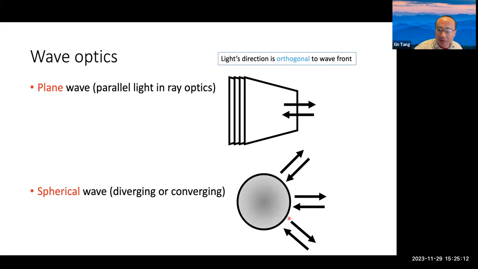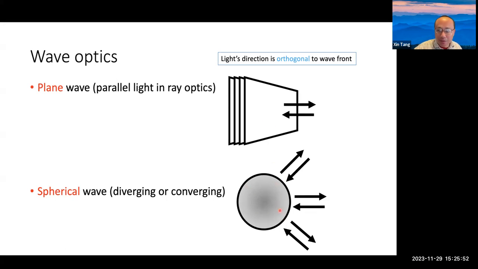But at the same time, if the light is traveling like a spherical wave, then based on the principle of energy conservation, the amplitude of the light becomes dimmer and dimmer, smaller and smaller. The intensity per area or per volume becomes lower and lower, because the total energy is the same, but the volume becomes bigger and bigger.